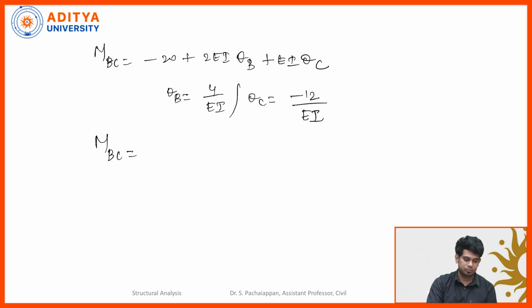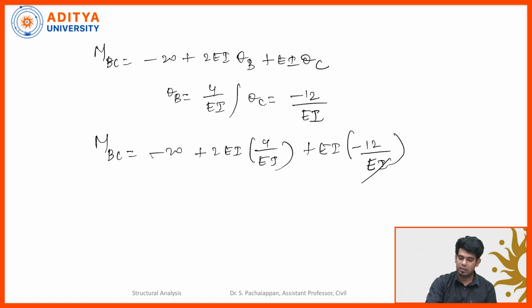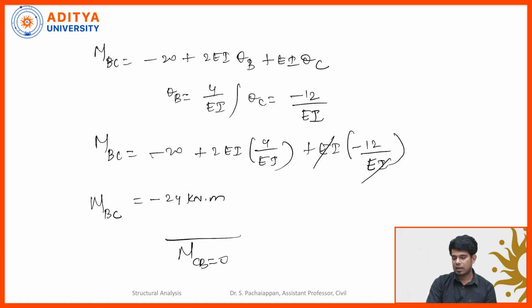MBC is equal to minus of 20 plus 2 times of EI, 4 by EI plus EI, minus of 12 by EI. So EI will get cancelled here. Then after adding all the values, I am getting minus 24 kilonewton meter, which is MBC. So MCB we no need to substitute because it's simply supported. Directly we can write MCB value.